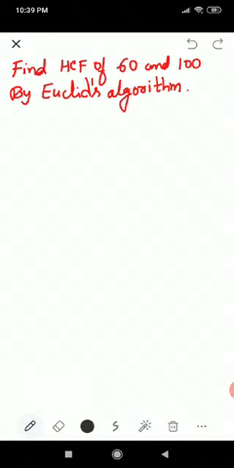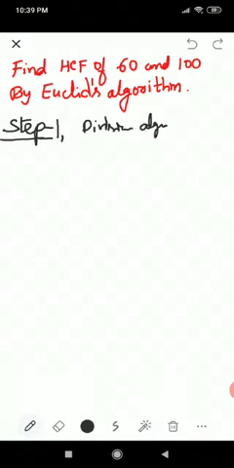In step 1, we use the division algorithm for the given numbers, 60 and 100. The greatest number is 100.